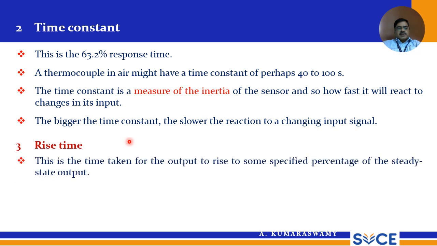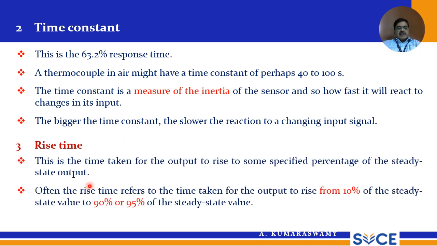So rise time is the time taken to reach 90 or 95 percent of steady state value. So that is the rise time from zero to 90 or 95 percent of steady state value, the time consumed to reach that percentage of steady state value, that is known as rise time.